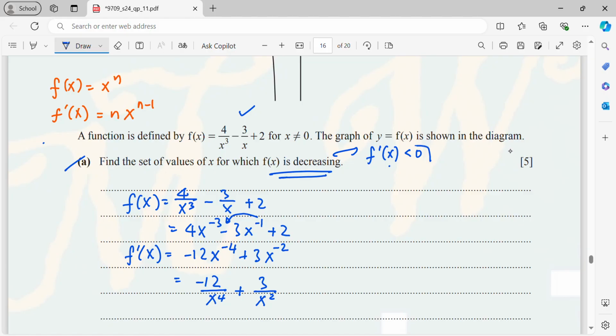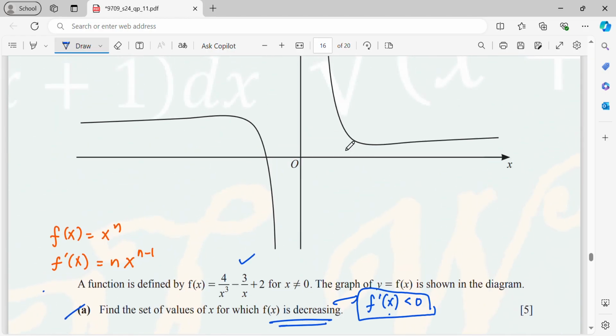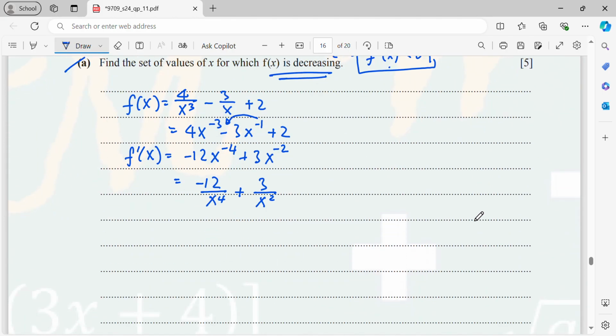Okay, so instead of solving this f'(x) less than 0, I will just read the answer later on from the graph. What I need to do is find out any intersection, any maximum points and minimum points. So now I will let f'(x) be 0.